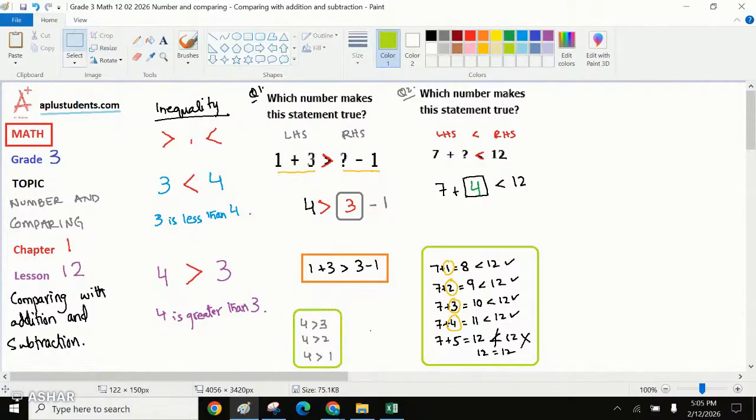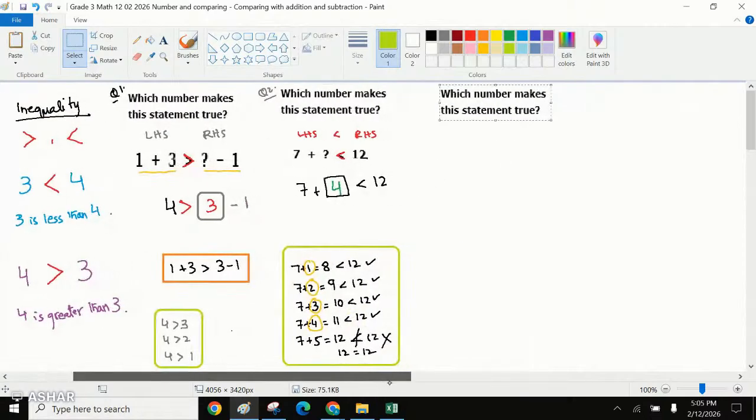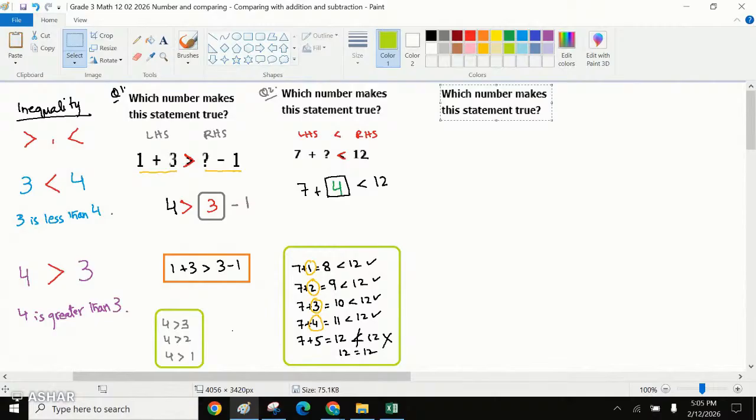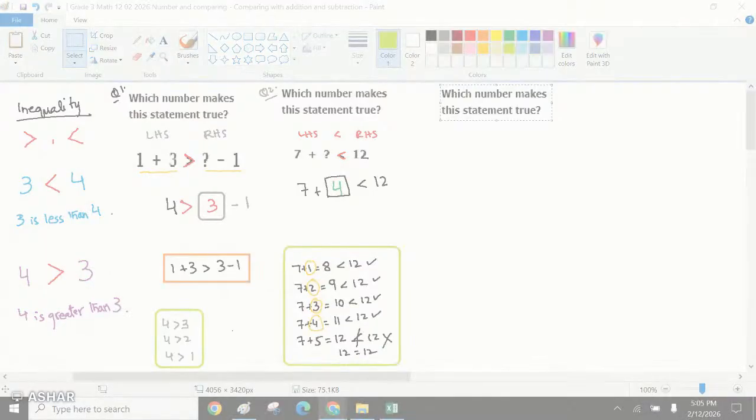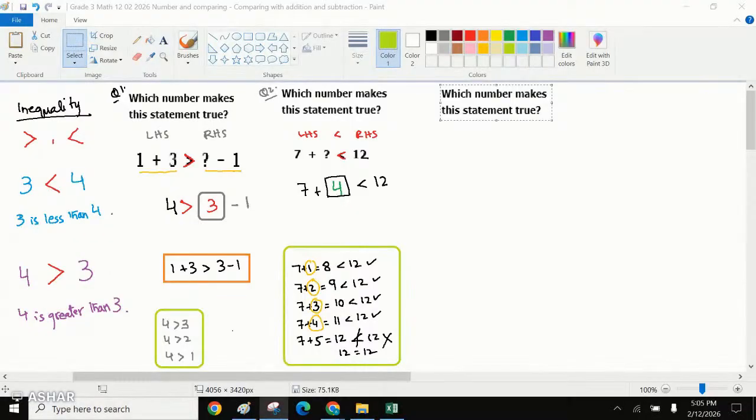Next question. So the next question says, which statement is true such that 4 plus a number is greater than 10.